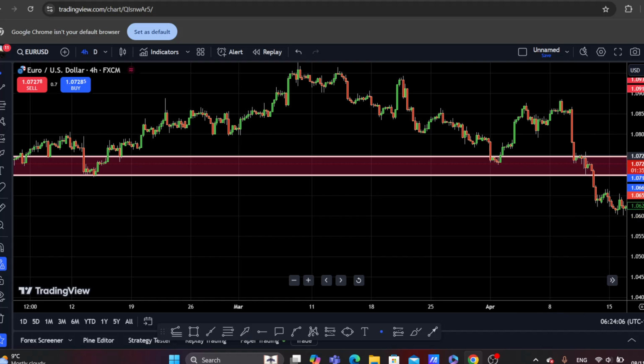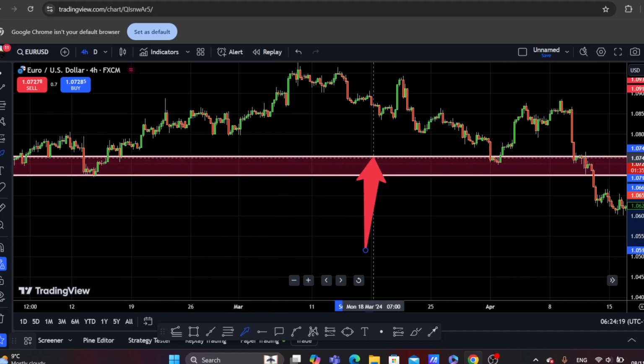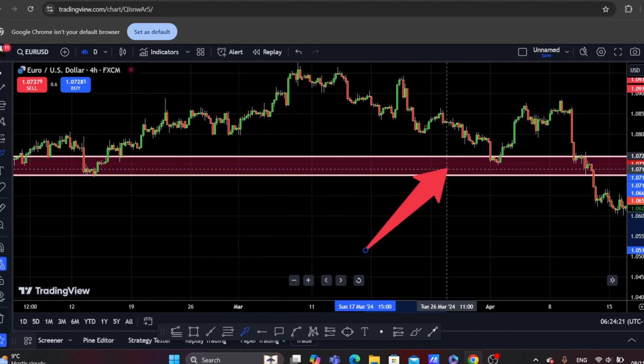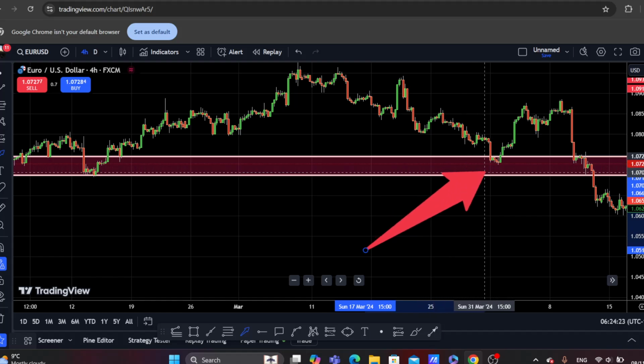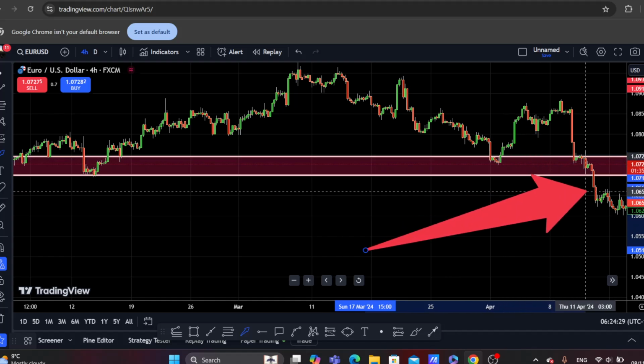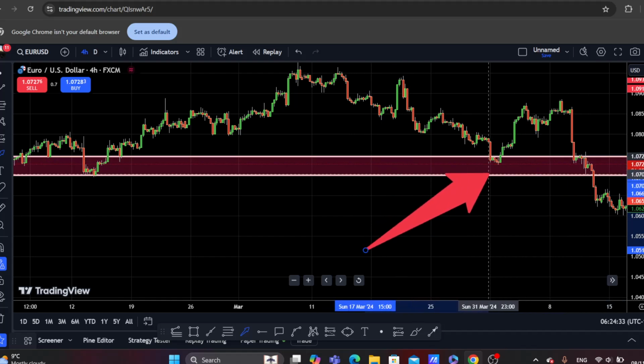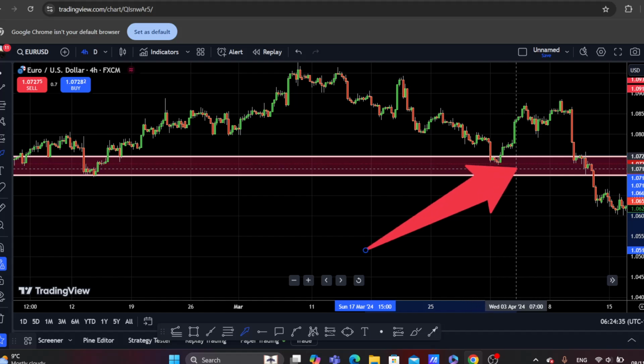We have three types of traders. In case this is your first time watching my videos, the first type of traders are the level traders. People that are going short and long from this level are called the level traders. The second type of traders are the retracement traders or the pullback traders. And the final type of traders are the breakout traders. So we've had this first phase, which is the level traders.